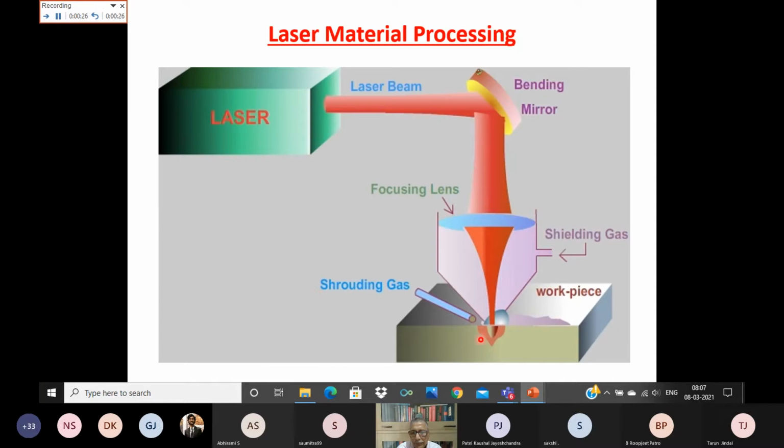What are the parameters which determine the laser power density? And before that, what are the parameters which decide the beam diameter when you focus with the help of a lens? Let us see in the second slide.